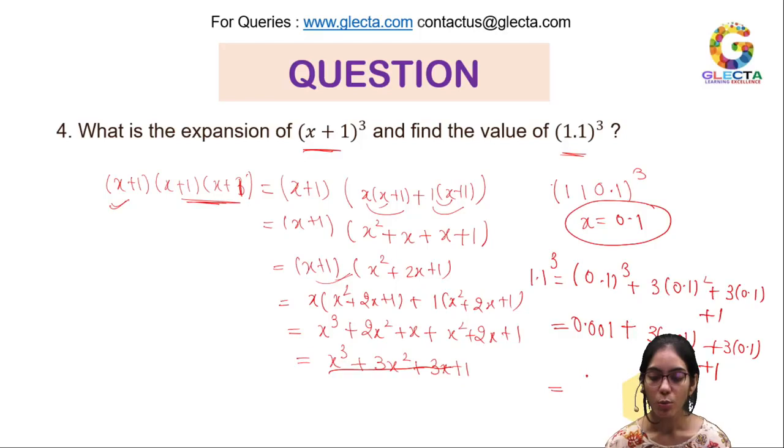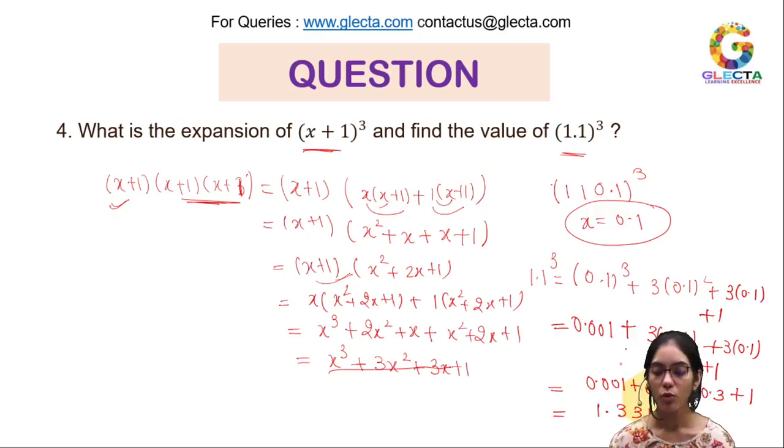So this is 0.001 plus 0.03, sorry, plus 0.3 plus 1. So this will result in 1.331. So the cube of 1.1 is 1.331.